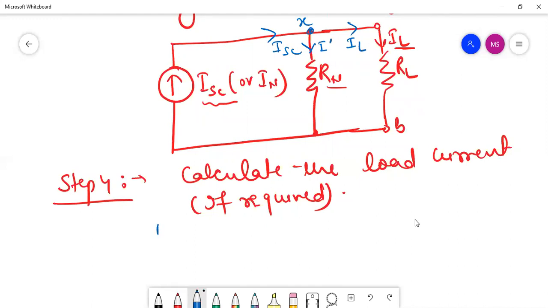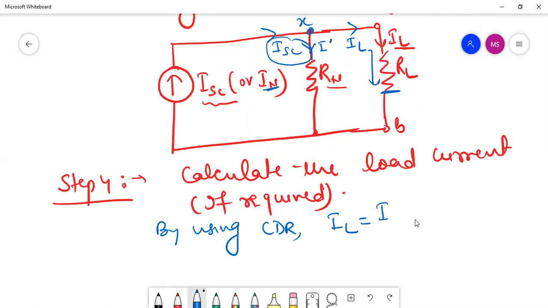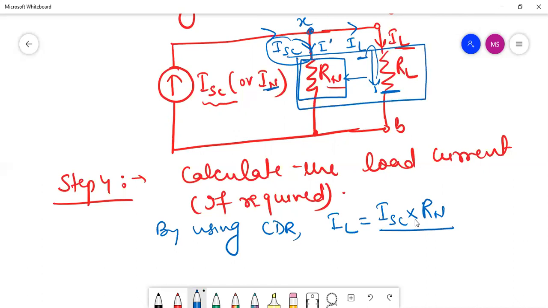By using the current division rule, IL is equal to, now IL is flowing in this branch, so it is a part of ISC or IN. So it is ISC into the resistance of the branch opposite to the load current branch, and the opposite branch is this Rn. So we write Rn here, and then divide by the sum of these two resistances.